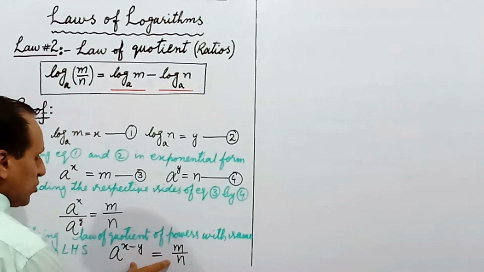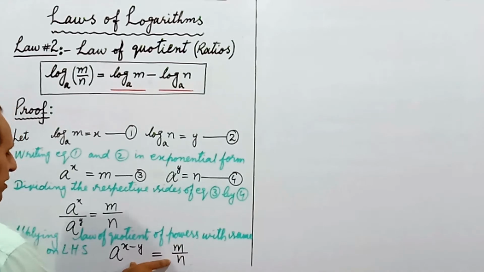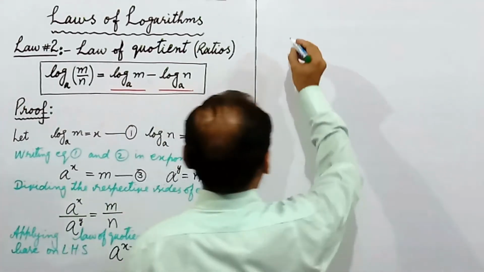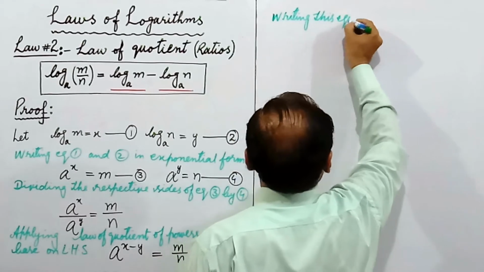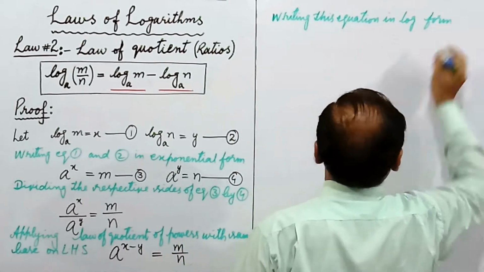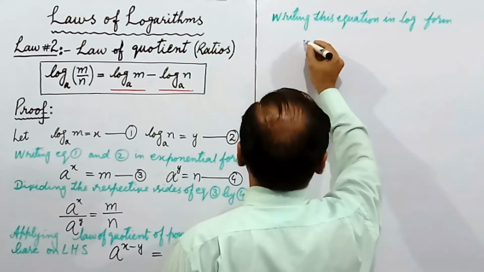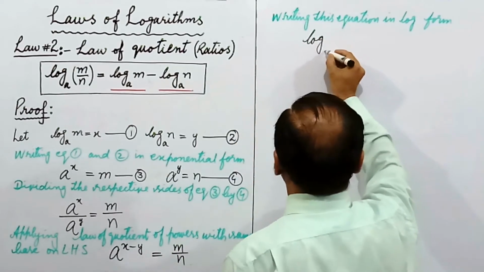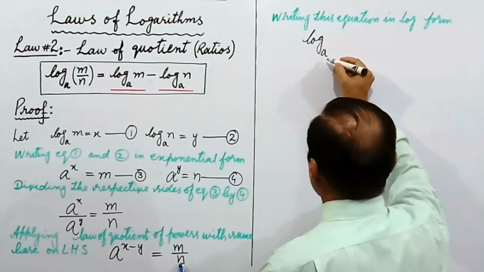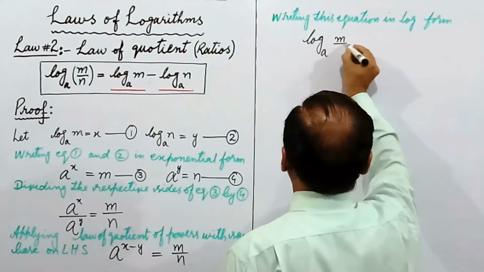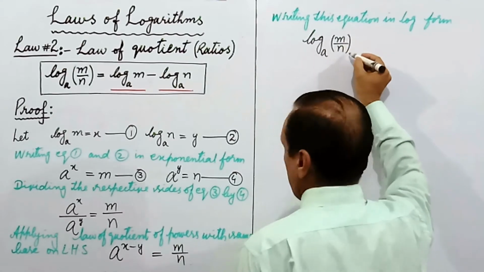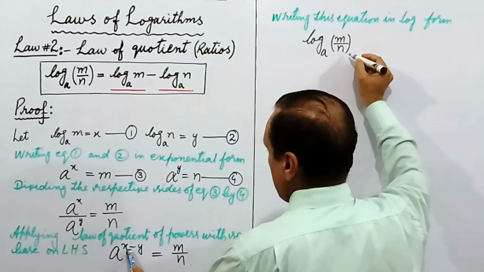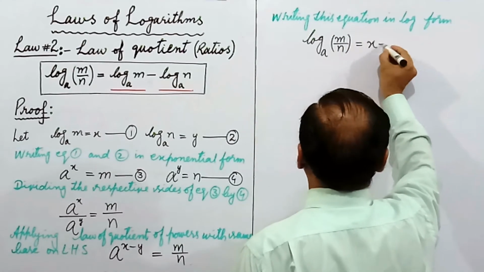As this is an exponential equation, we can transform it into logarithmic form according to the definition of log. By writing in log form, we have log, the base remains the base, the equal value becomes the value of the log, m over n, and the exponent x minus y becomes the equal value.